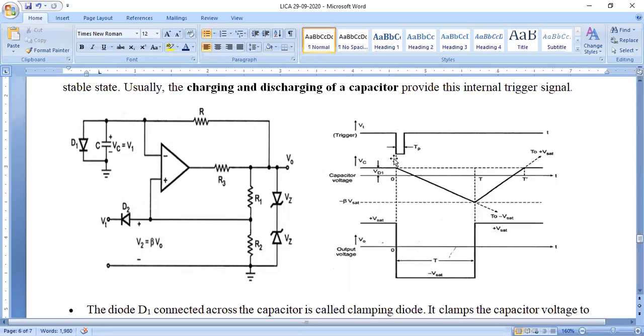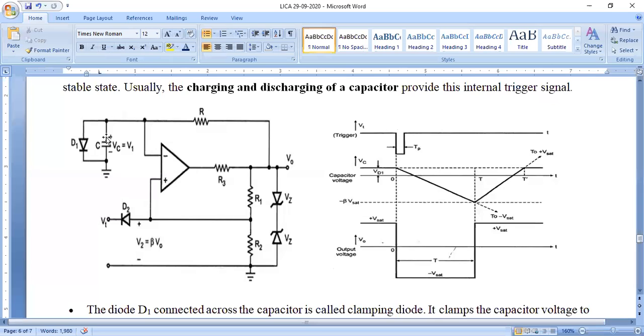When we reach greater than 0.7 volts, what will happen? The diode will be short circuited and there will be no charging of voltage through the capacitor.